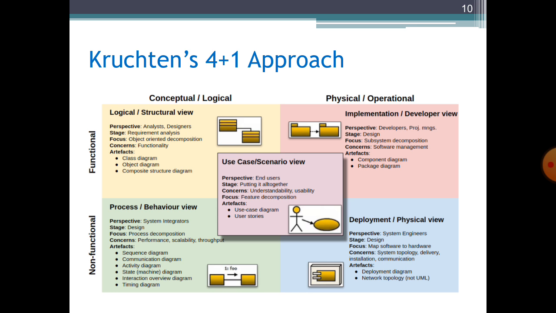Each view is documented or converted into an architectural diagram by using different UML based diagrams. Conceptual level logical diagrams include class diagrams and object diagrams, while physical operational level includes component diagrams and package diagrams, while process behavior includes the sequence diagram, communication diagram, and so on, while the deployment and physical view contains a deployment diagram and network topology.